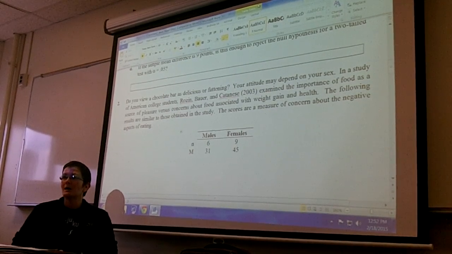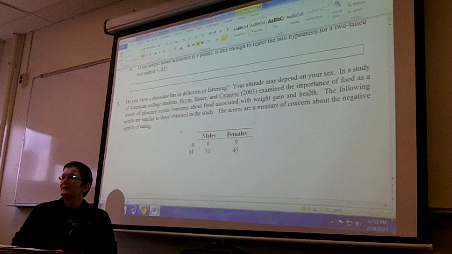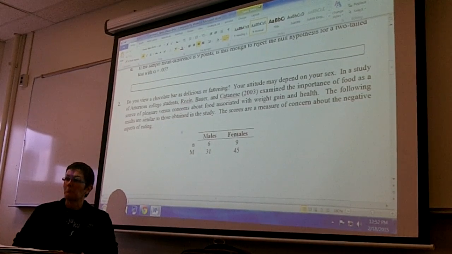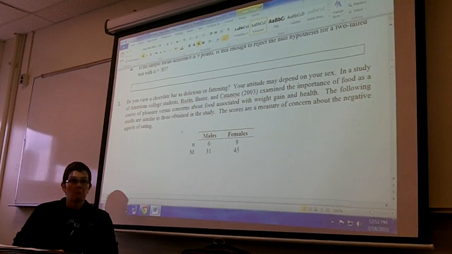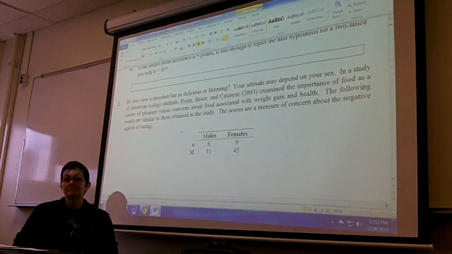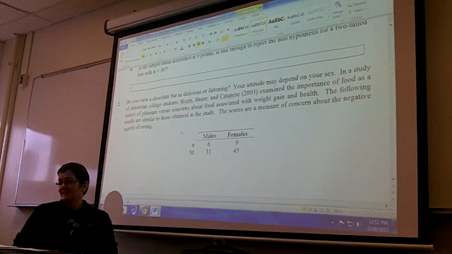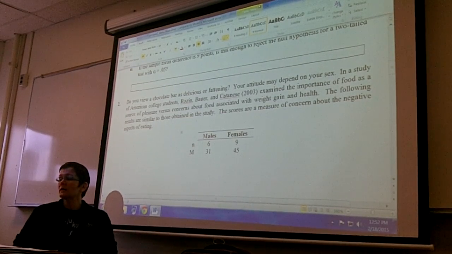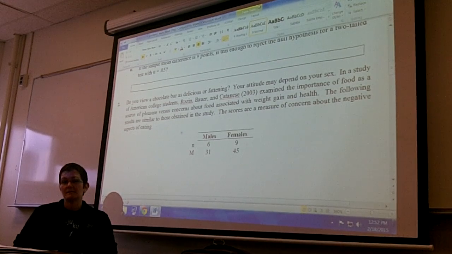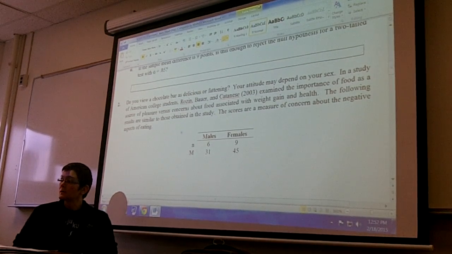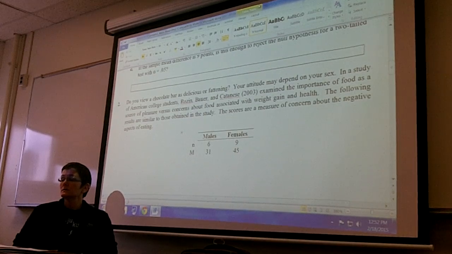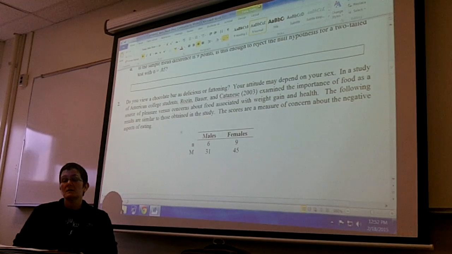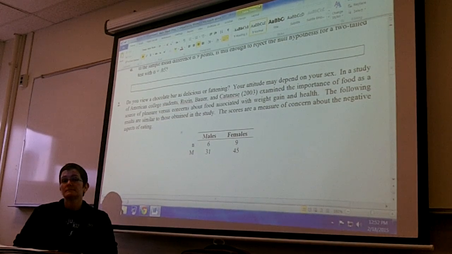And what do we know about men and women and their relative concern? The observed was higher. That's true. So who has more concern about the negative aspects of eating? Women. Okay? So females, was it a significant concern? Significantly more concern? Yeah. So how would you say that?